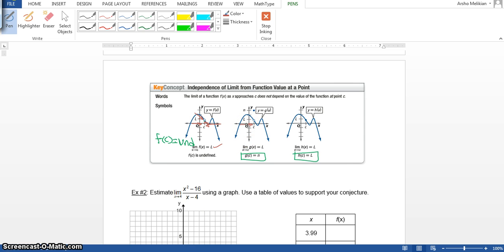As I approach c, which way is the graph heading? To L, from this side and from that side. Okay? In all three of these cases, the limit is L, but the actual value of the function is three different things. So this is just another way to show you that the two are completely independent from one another.